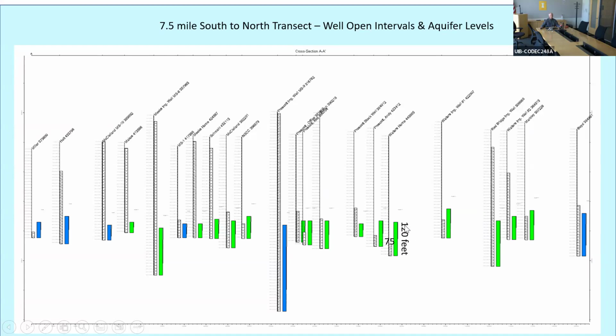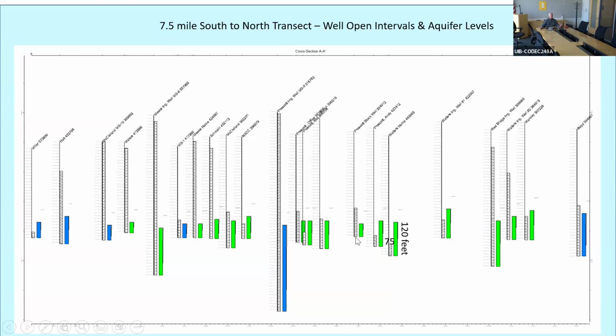For example, this one, there's 120 feet of water in that well, but the open interval doesn't open until 75 feet down below the water table because it's cased and sealed. And so those samples from that breakthrough curve are sampling at this depth of 75 to 120 feet below the water table.